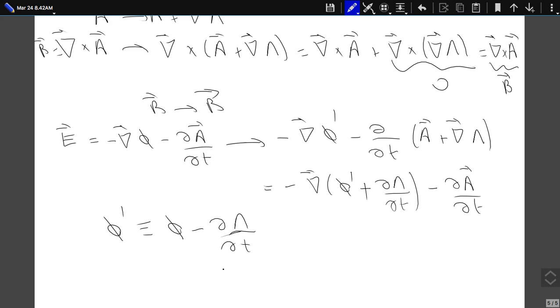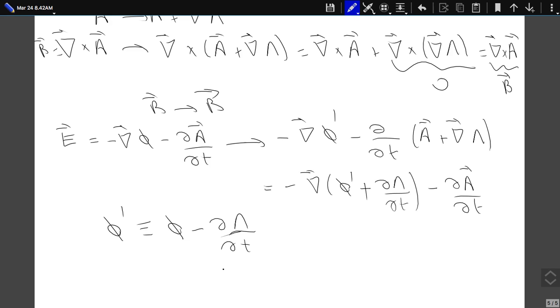So for a given E and B field, we can always find the vector and scalar potentials which satisfy this condition. It will be different from the vector and scalar potentials which satisfy the Coulomb gauge, but these two solutions will just differ by what we call a gauge transformation.